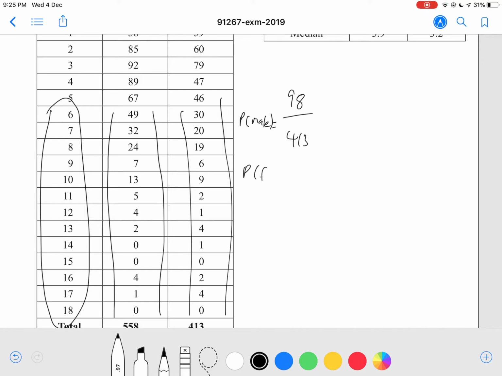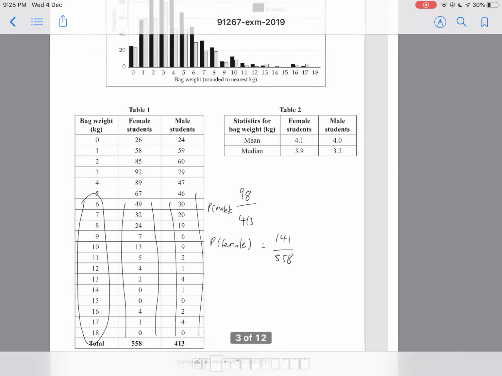And our probability of female would be everything added up in the female column. So 49 plus 32 plus 24 plus 7 plus 13 plus 5 plus 4 plus 2 plus 4 plus 1, and that is 141. So the probability of female is 141 over the total, which is 558. So now we can use our relative risk.